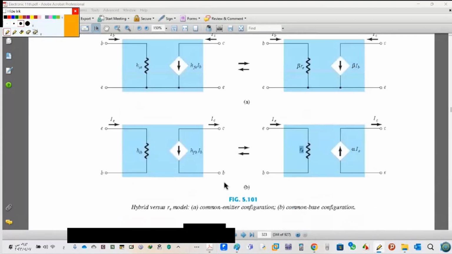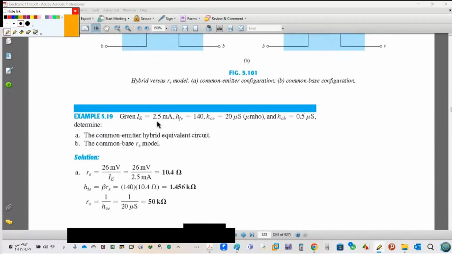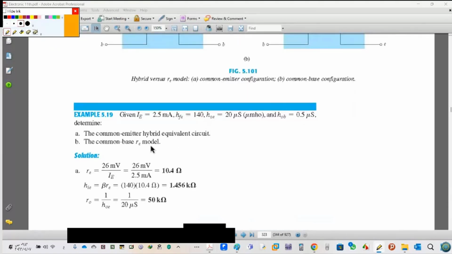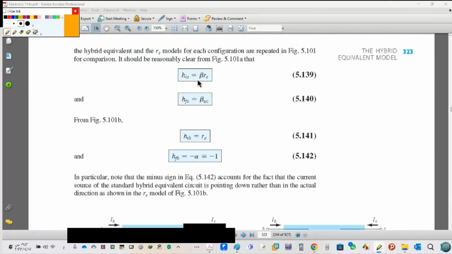Now let's start to solve an example. Given IE is 2.5 milliampere, HFE, HOE, HOB, determine the common emitter hybrid and the common base RE model. So again, I want to start. I ask myself, HIE is beta RE.